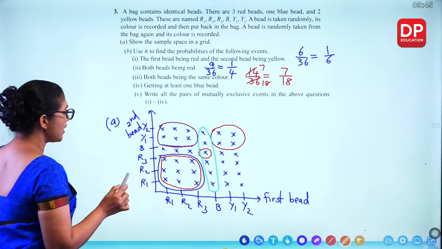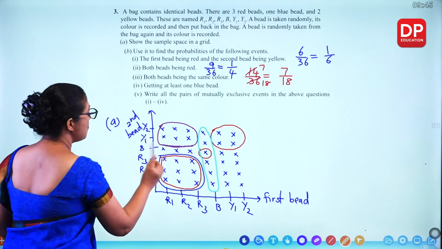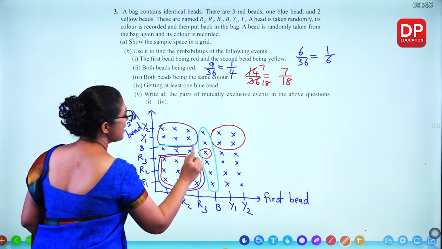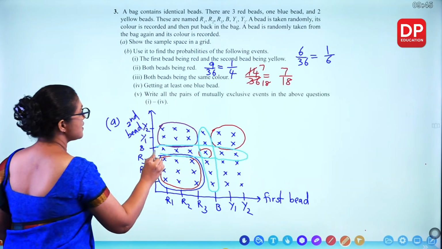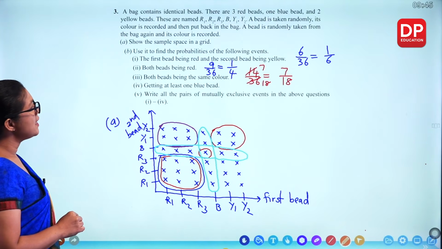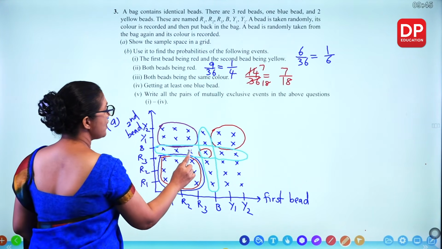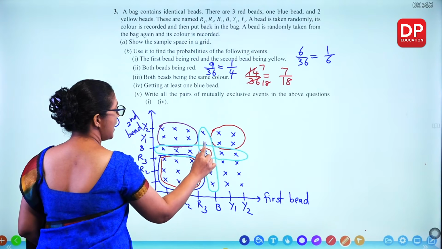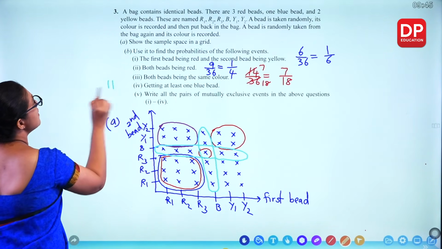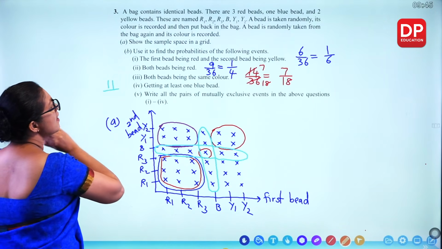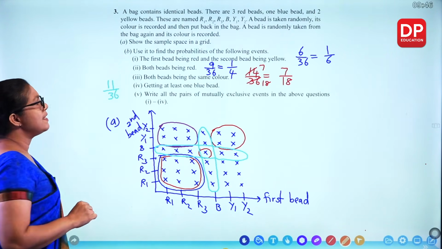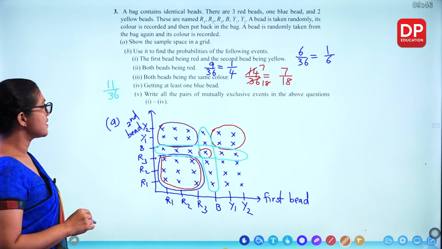Or you can get blue from the second bag. You can get this whole set as well. So altogether, how many are there? 1, 2, 3, 4, 5, 6, 7, 8, 9, 10, 11. 11 beads are there out of 36. So the probability is 11 over 36.